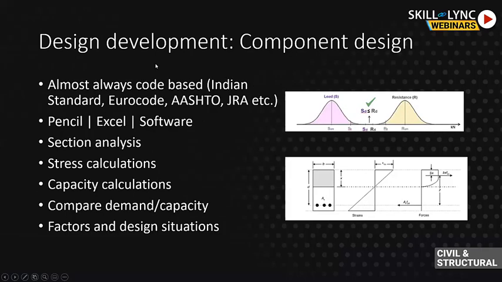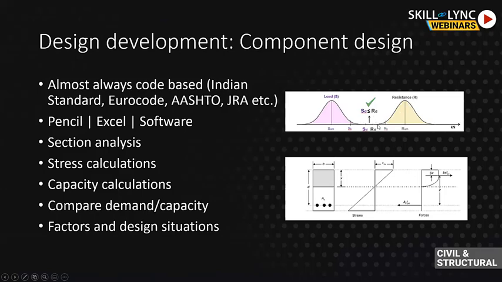Then you have the component design, and in most codes, it's covered by some sort of demand and capacity calculation, be it through forces or stresses. Once you calculate your loads and you analyze the forces that are actually acting on the structure, you also need to make sure that you have the resistance, and both the loads and resistances are uncertain.